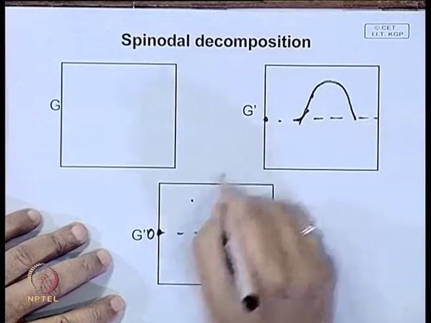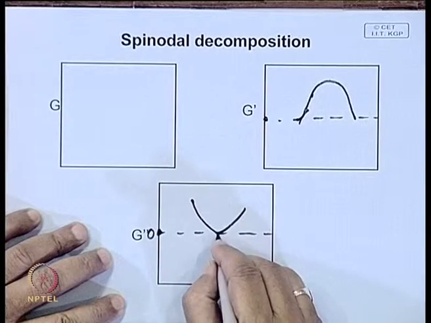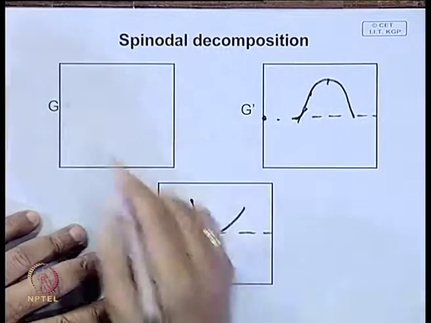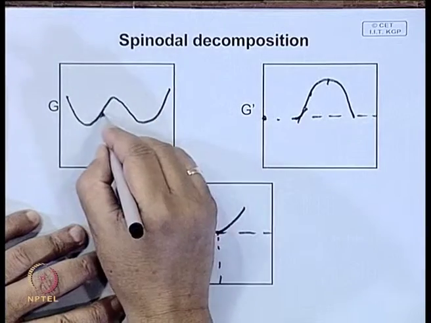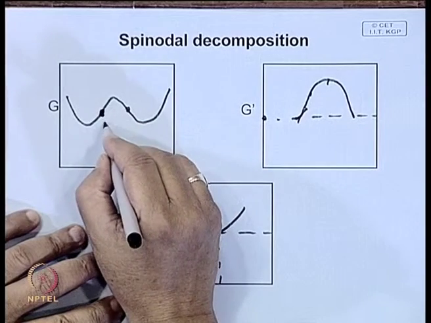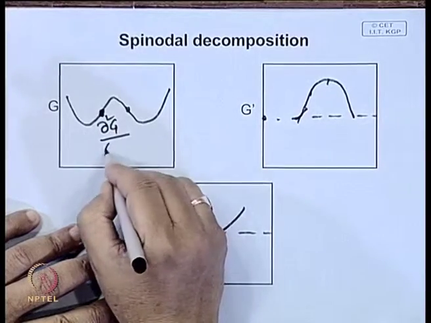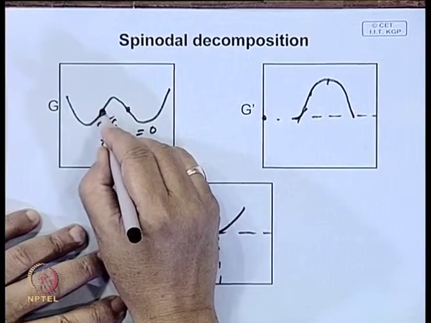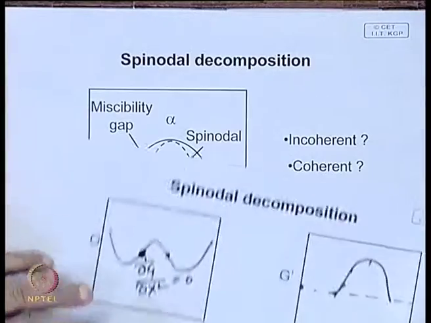So, it has a high slope, but later on it decreases somewhere here. So, there is a composition where there is an inflection point, in this free energy composition diagram, here the double differential d2G will be 0. This is where the inflection point is, and this point is called spinodal.